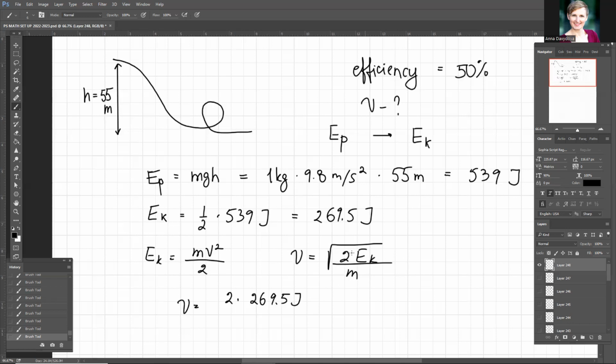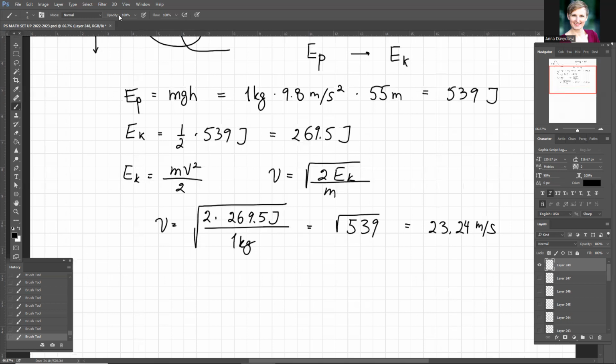Ironically enough, we just divided potential energy by 2. Now we're multiplying back. This is not related to each other. If the percentage was different, this would be a completely different story, but I already know that it is 539. I need to take the square root of that number, and it's 23.24 meters per second.